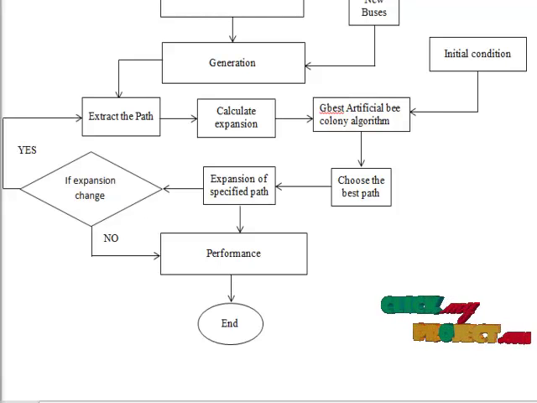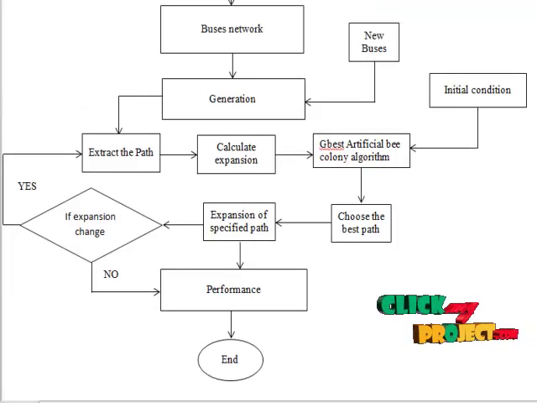It tries to model the natural behavior of real honeybees in food foraging. Honeybees use several mechanisms like the waggle dance to optimally locate food sources and to search new ones. And the overall performance is good. Then we plot a graph for the difference between the number of iterations and total investment cost.